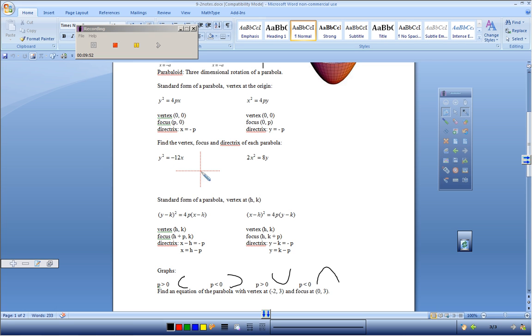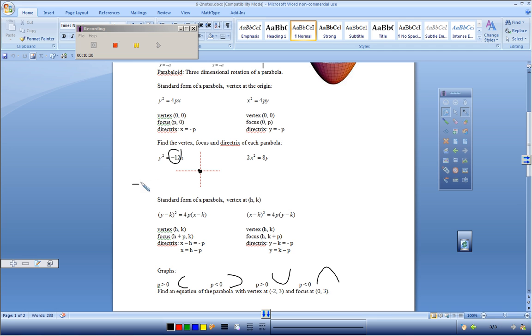So first of all, I know that this is a left opening parabola, and they want us to find the vertex. Well, the vertex is easy because there's no h or k in this one, so the vertex is just at 0, 0, which is right there. And the focus, since this number over here represents 4p, right?